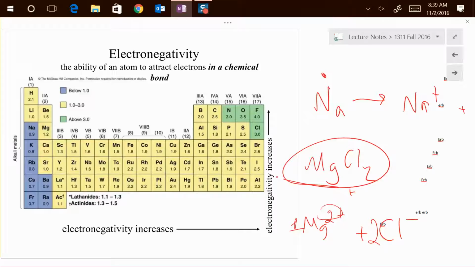Now, the benefit of having this chart for electronegativity purposes is that we can actually calculate the electronegativity difference between 2 elements. And that electronegativity difference will determine whether you will be an ionic compound or a covalent compound.